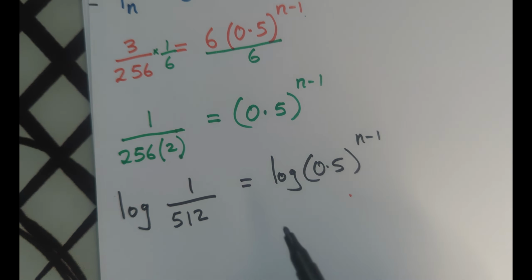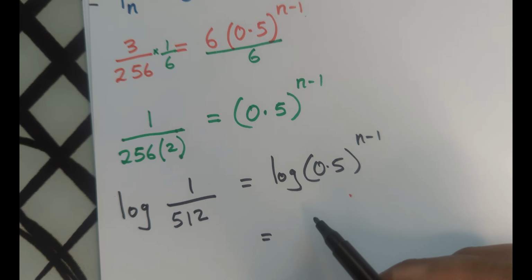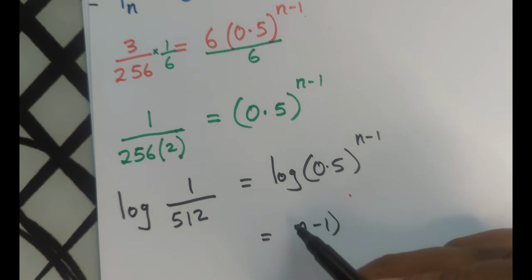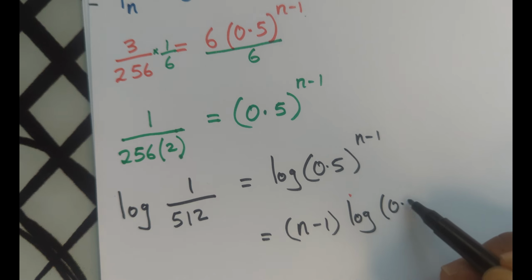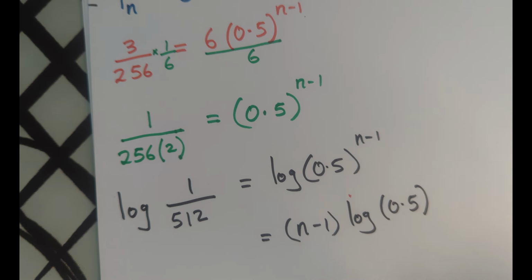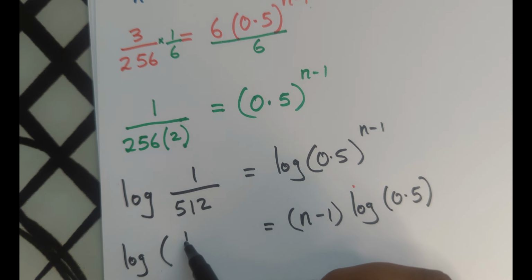And using the laws of logarithms, on the right side you can bring down the exponent. So the right side would be n minus 1 being multiplied by the logarithm of 0.5. And on the left side, we still have the logarithm of 1 over 512.